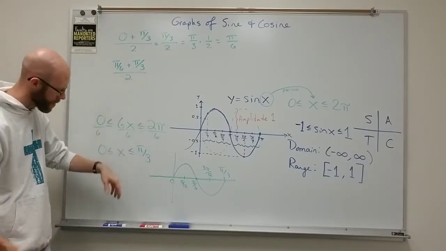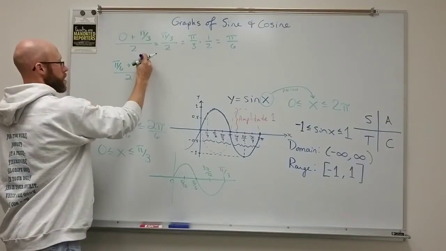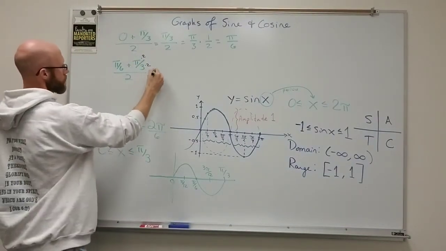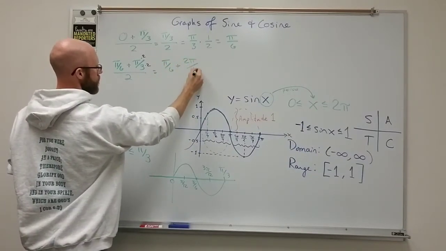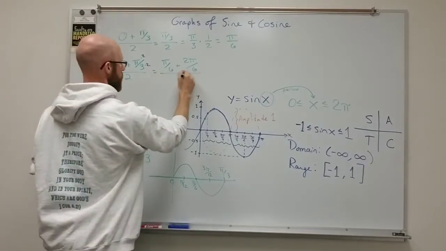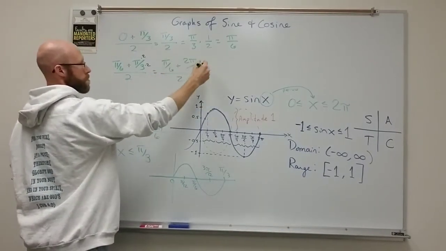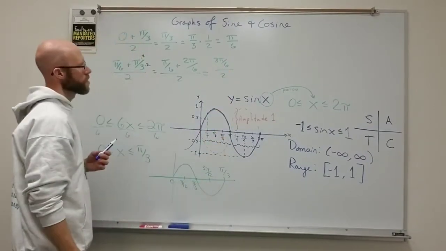Of course, you need a common denominator, so you kind of have to go through these fraction things. Multiply by 2 top and bottom. You have pi over 6 plus 2 pi over 6. Right, multiply top and bottom by 2. Divide that by 2. This would be 3 pi over 6 all over 2.